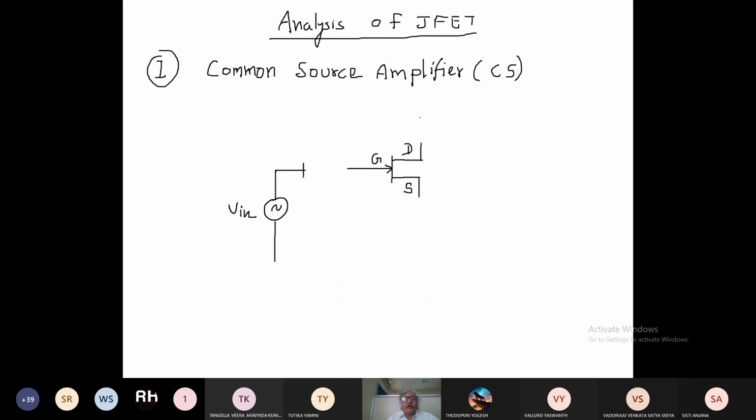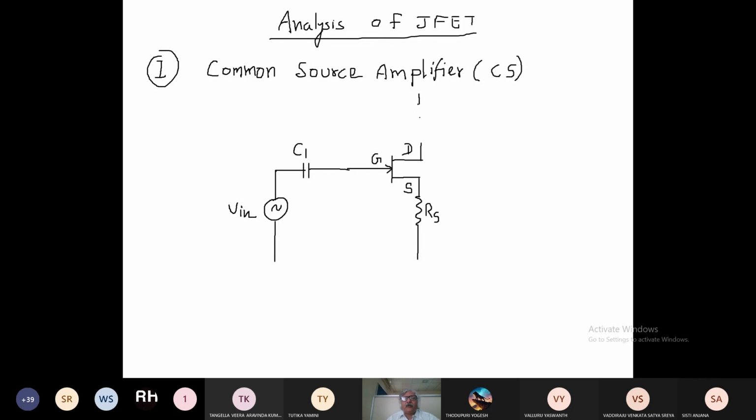And here we will connect one capacitor, this is our capacitor C1. Now at the source terminal we will connect one resistance, this is RS.